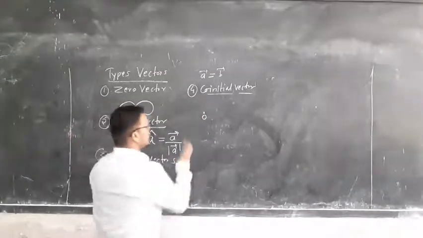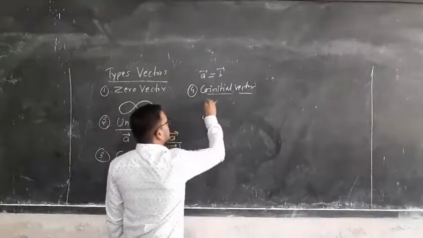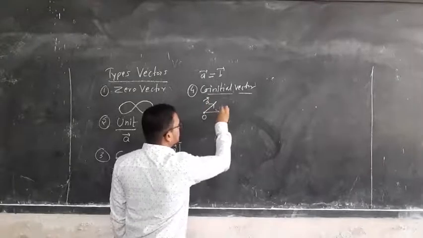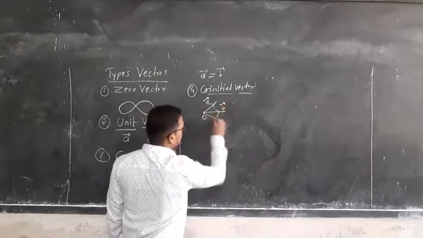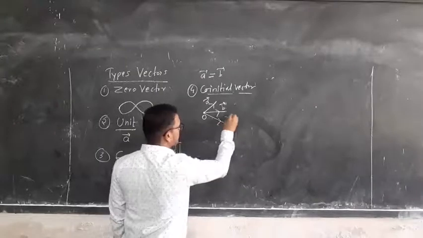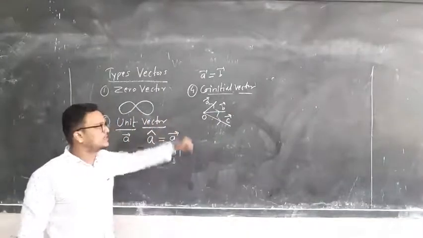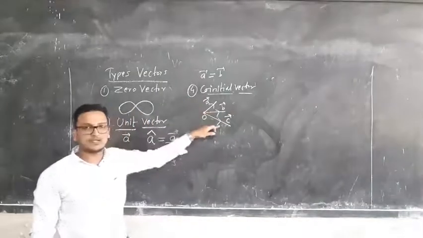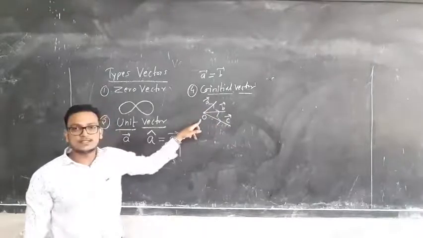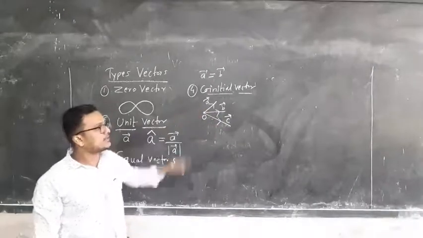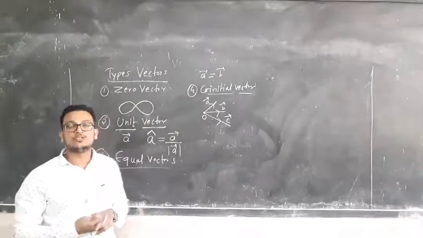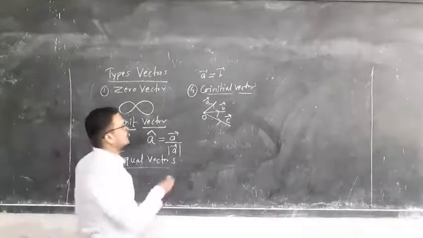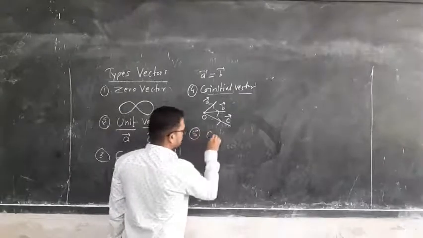Through this initial point there is a vector A, through the same initial point another vector B, and through the same initial point vector C. For vectors A, B, and C, the initial point is the same. Therefore these are called co-initial vectors.